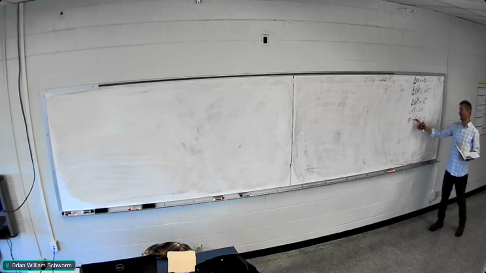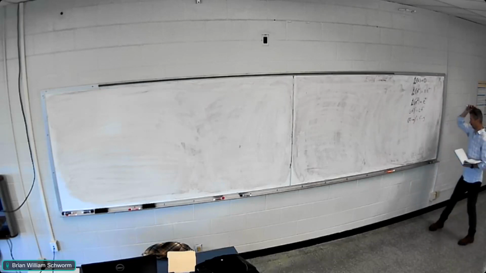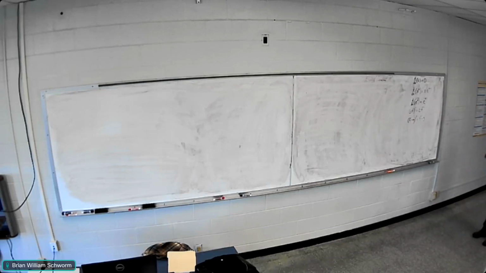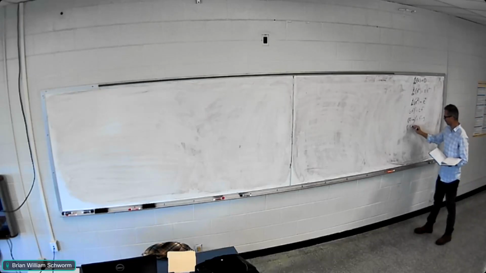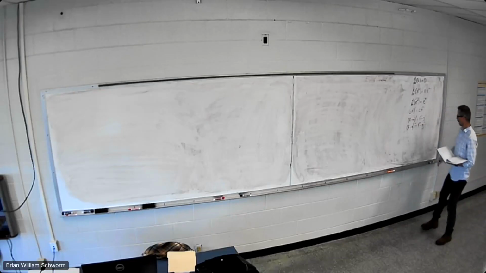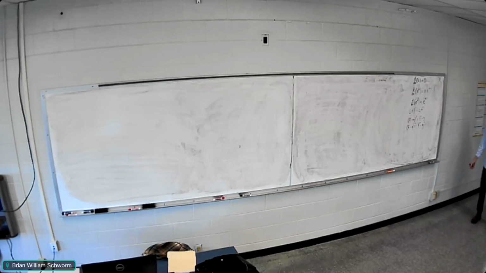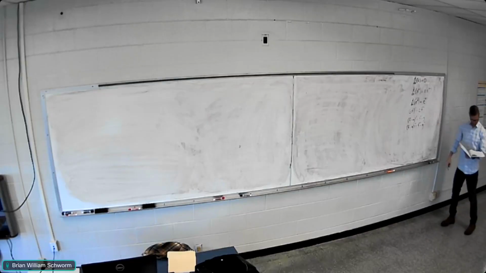You can apply the limit to each term individually. So that's what's happening here. The derivative can be applied to each individually. Same if you're subtracting. You apply the derivative to each function individually if it's being added or subtracted.